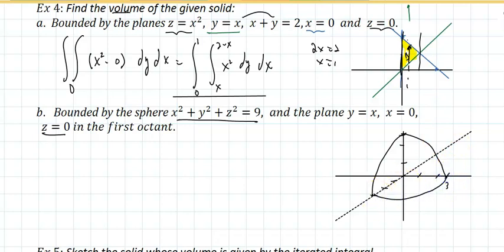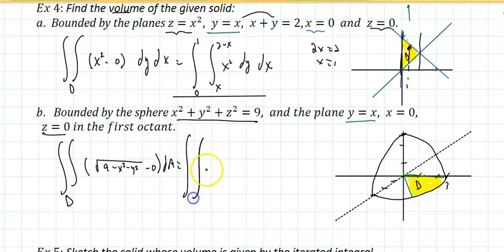And if I cut this by y equals x and x equals 0, so we're talking about this region. This is region D. That part. Now, volume would be the double integral over region D of the top minus the bottom, the square root of 9 minus x squared minus y squared minus 0, dA.